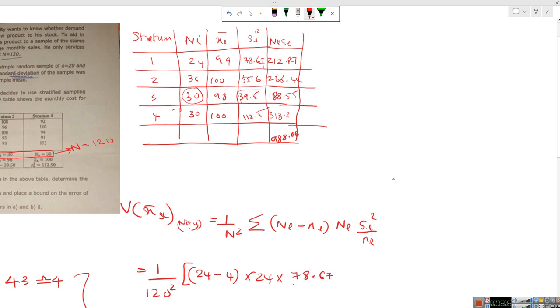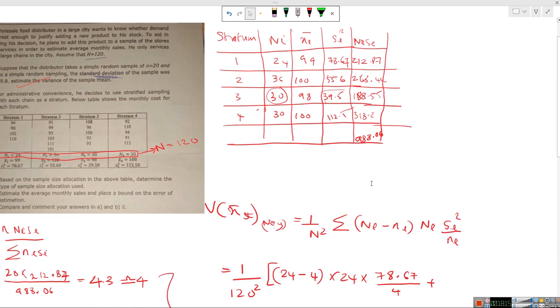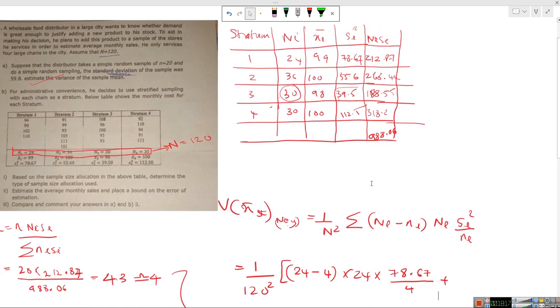78.67 divided by n is equal to 4, plus again for the second one, the stratum size they have given is 36, 30.